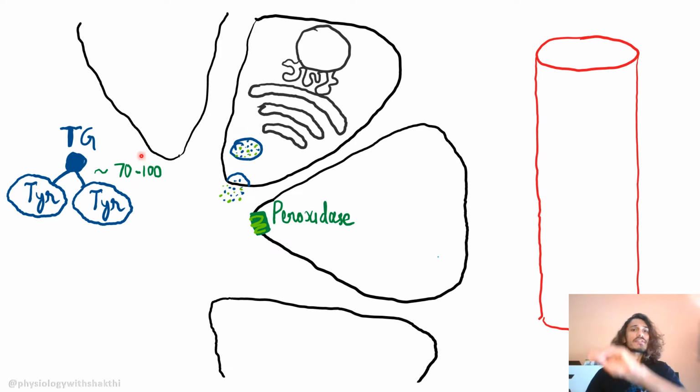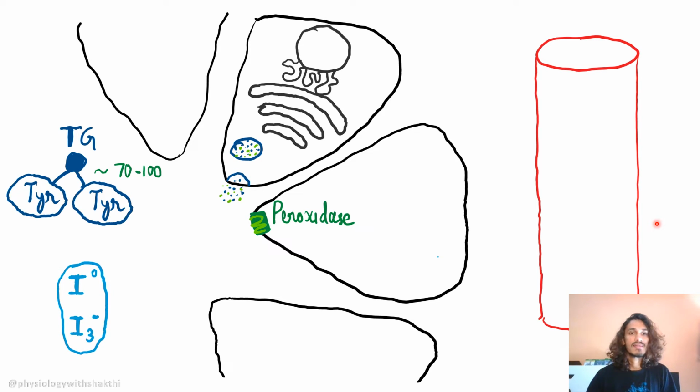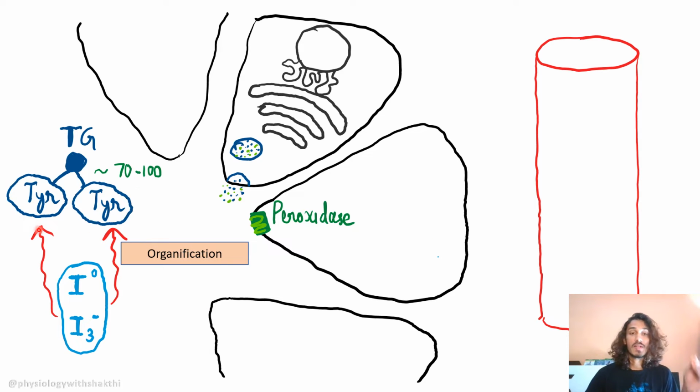So that many different tyrosine residues are there. Your nascent iodine and your oxidized iodide are now going to iodinate. This is what is called organification. The tyrosine residue on the thyroglobulin gets organified.